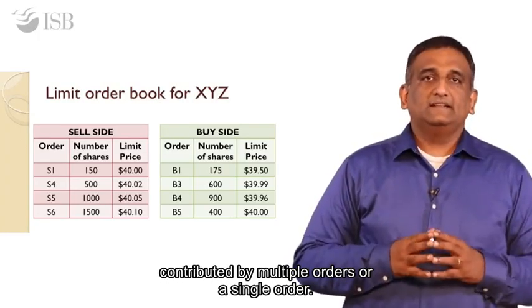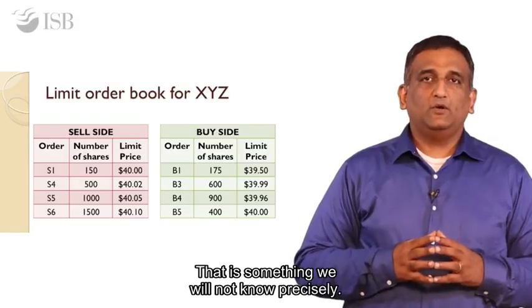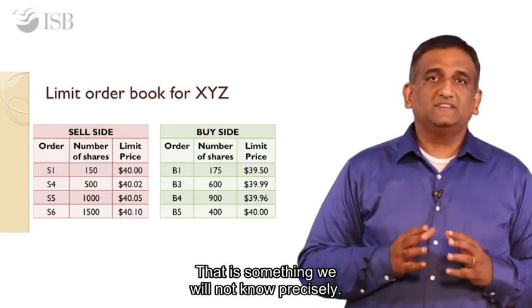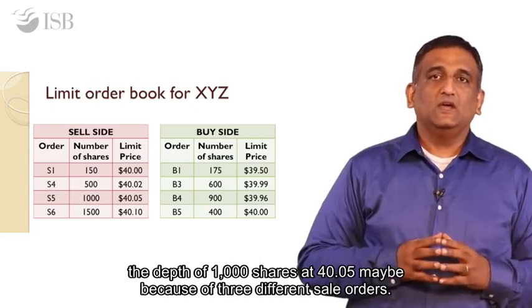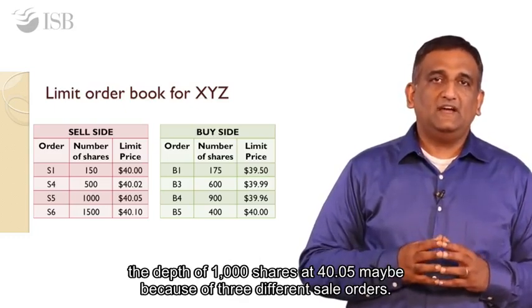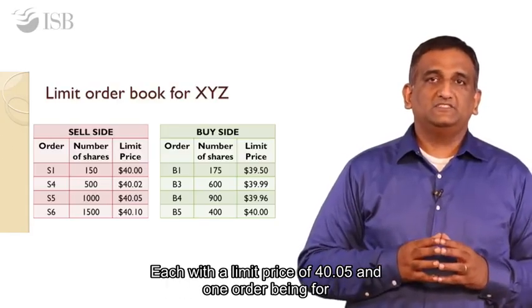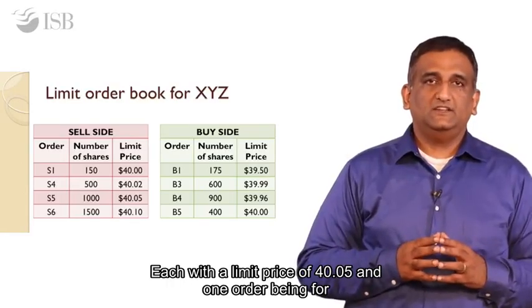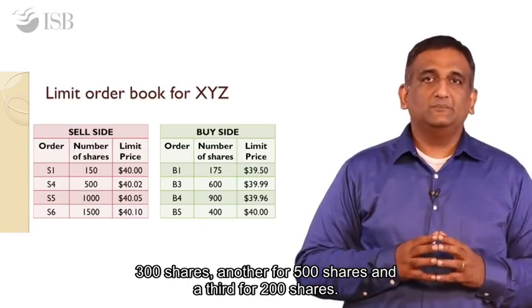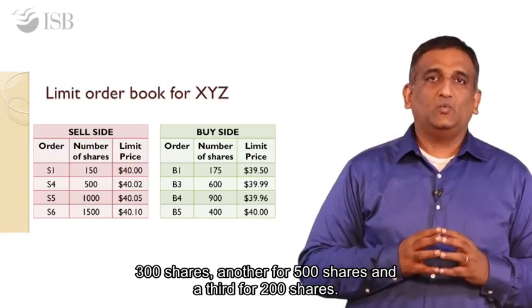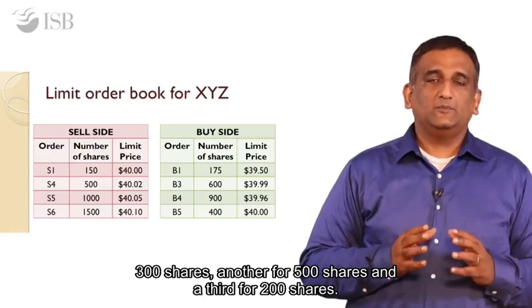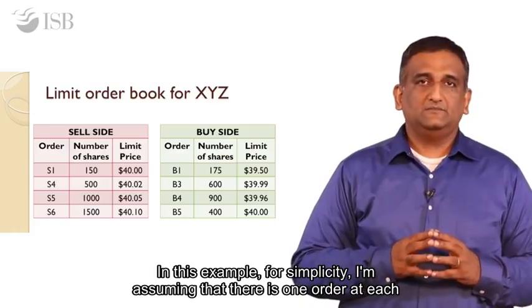For example, the depth of 1000 shares at 40.05 may be because of 3 different sell orders, each with a limit price of 40.05, one order being for 300 shares, another for 500 shares and a third for 200 shares. In this example, for simplicity, I am assuming that there is one order at each price that contributes to the entire depth at that price.